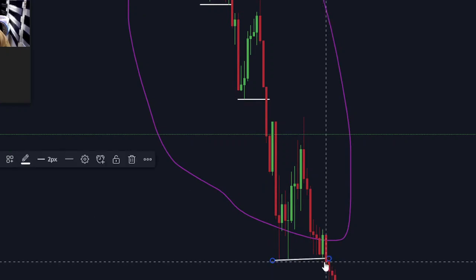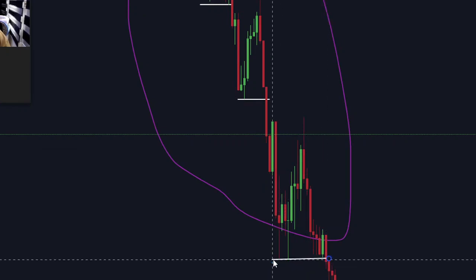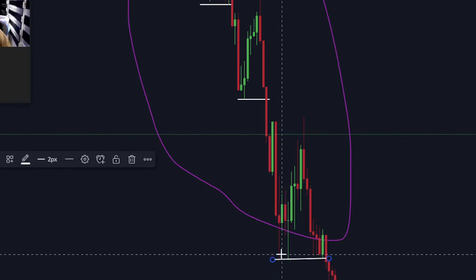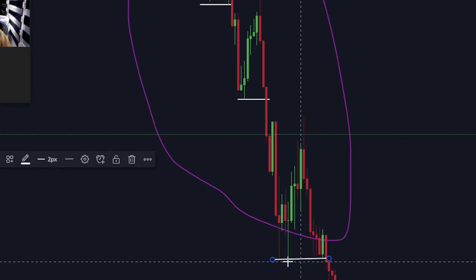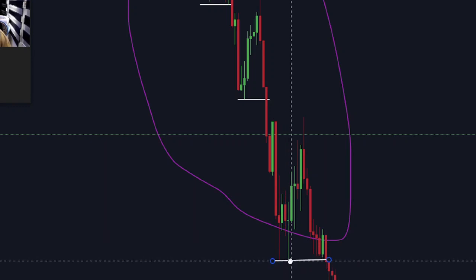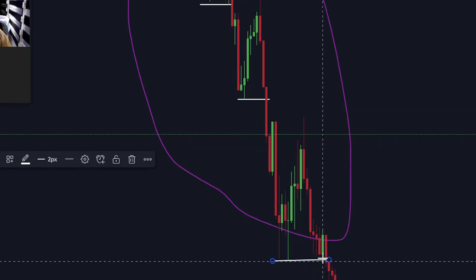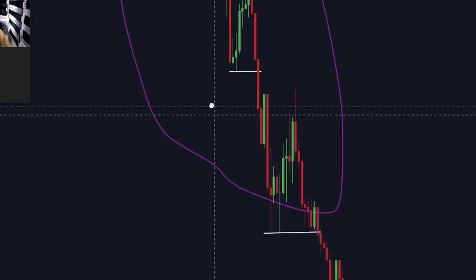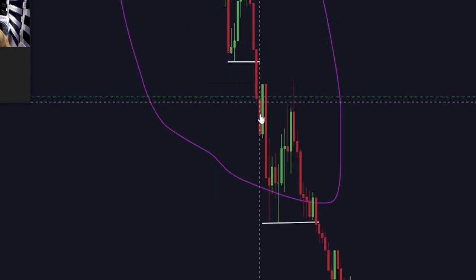The red candles are closing below the structures. This is a structure of the market. So when the red candle closes below the structure, it is telling us that the market is breaking the structure to the downside, meaning it is going to the downside.